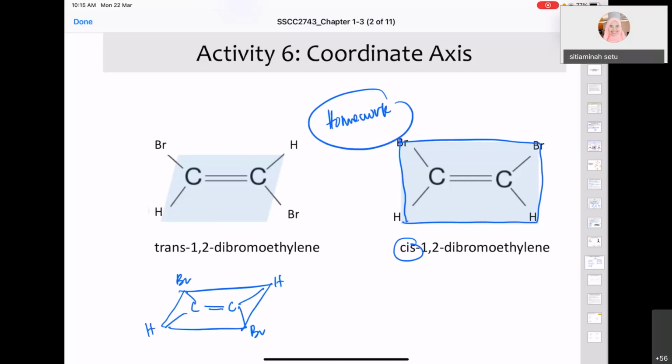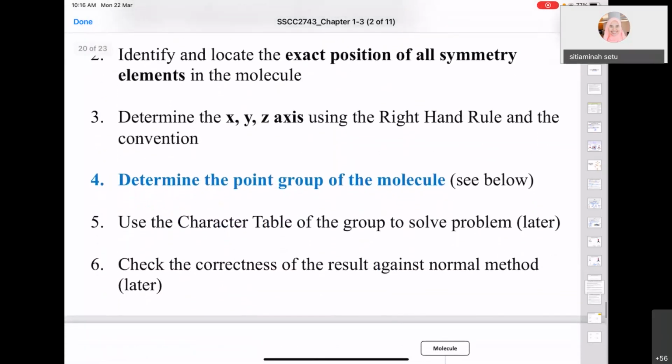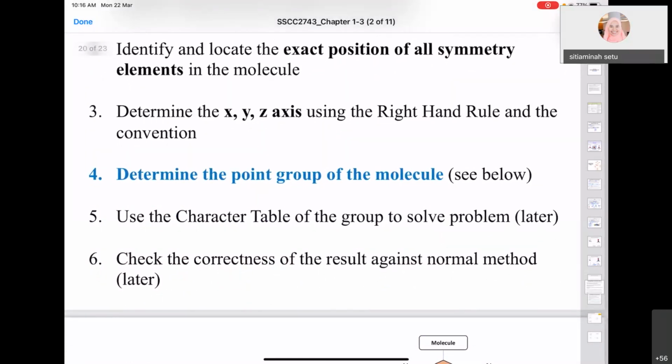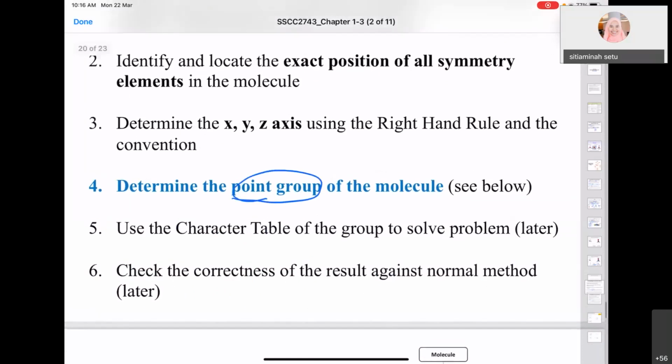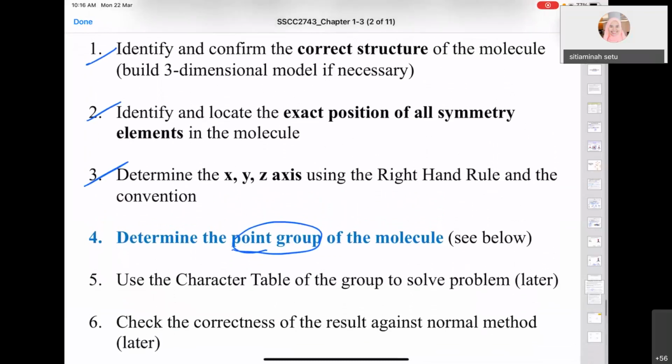Okay, kemudian right, so for next week saya akan teruskan on how to determine the point group of the molecule. Okay, so nombor 1 kita dah, nombor 2 dah, nombor 3 dah, and next week the last step lah on how to determine the point group of the molecule.